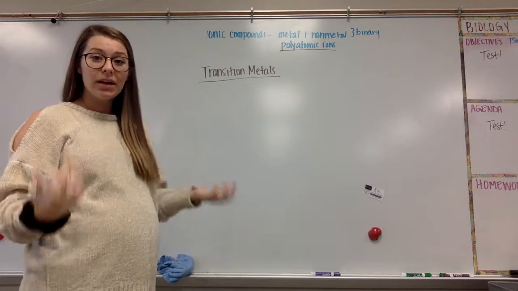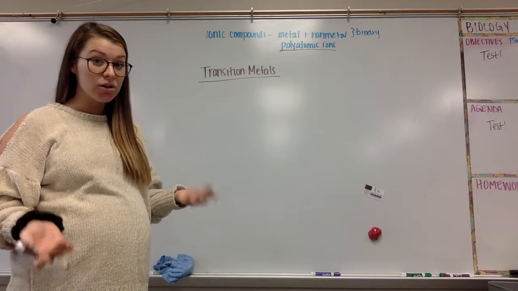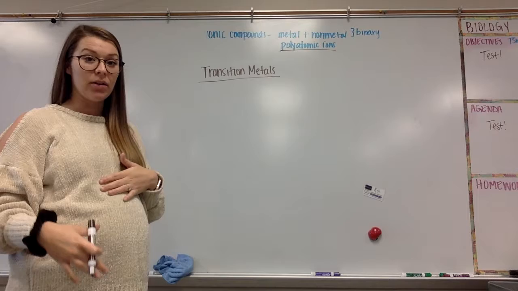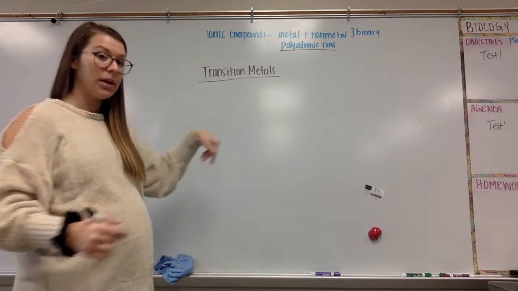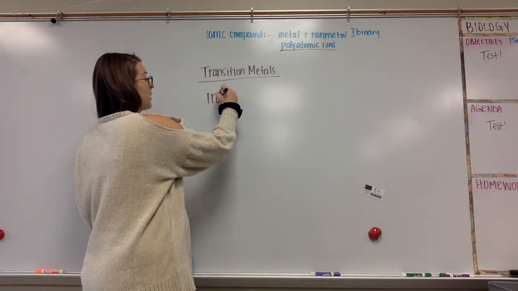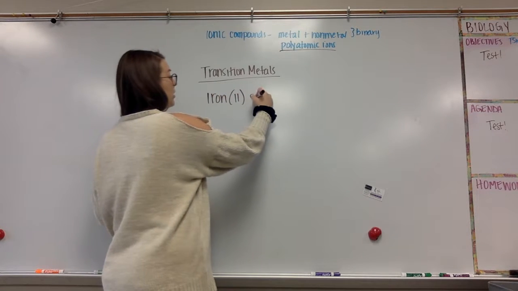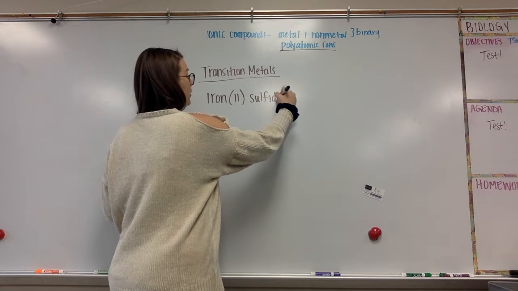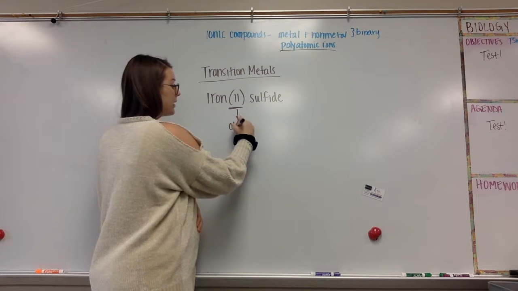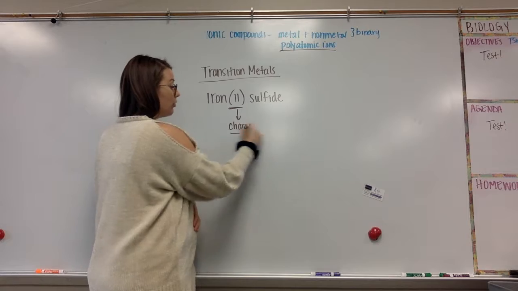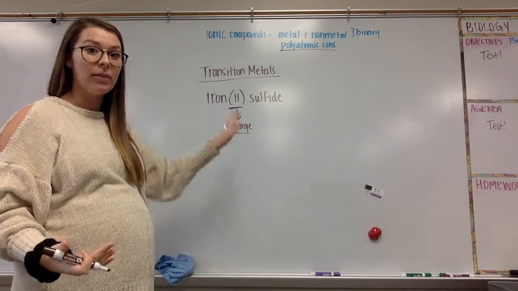Transition metals are weird because they do not have a predictable charge. So anytime you have a transition metal, you're going to have to be given the charge so that you can put it into your formula. So what you're going to see is something that looks like this. Iron(II) sulfide. Okay? This 2 is the charge. You might want to be pausing this video and making this note.